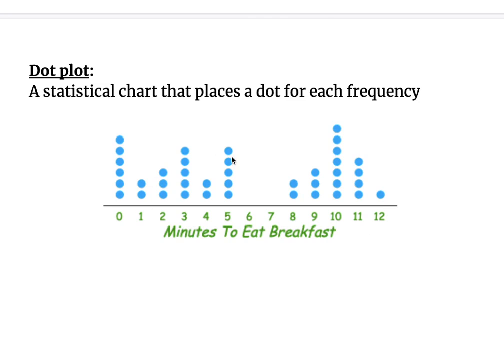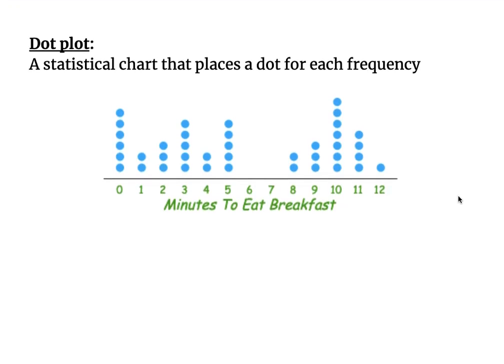So either people are really fast and they take less than 5 minutes, or they kind of eat slowly and enjoy themselves and take about 8 to 12 minutes. And I can also find out people who, it seems like, didn't even eat breakfast at all. So in addition to the frequency, it tells us the shape as well. Make sure that this is in your notebook, and we're going to go over some examples.